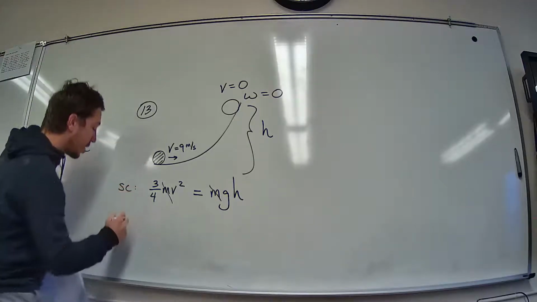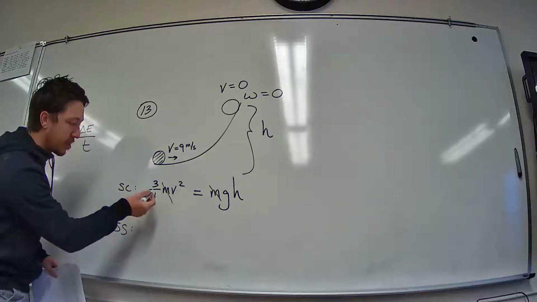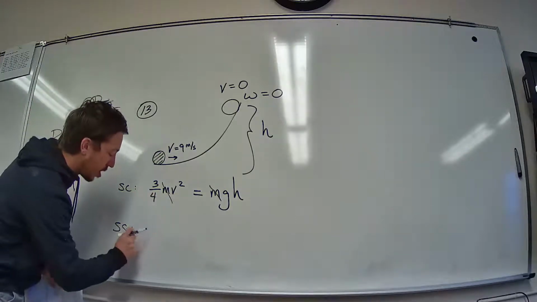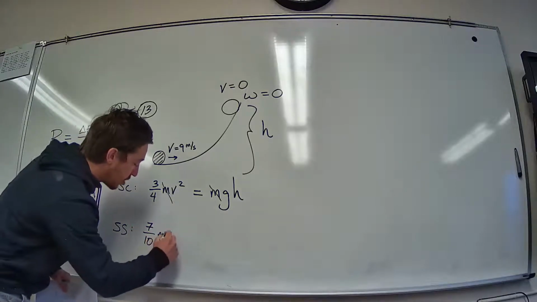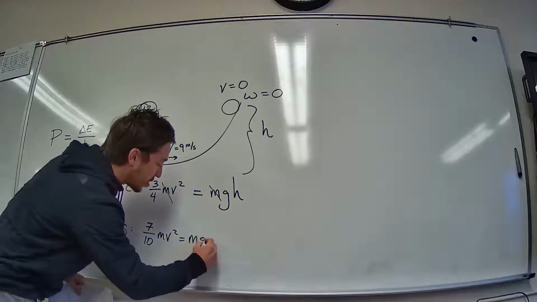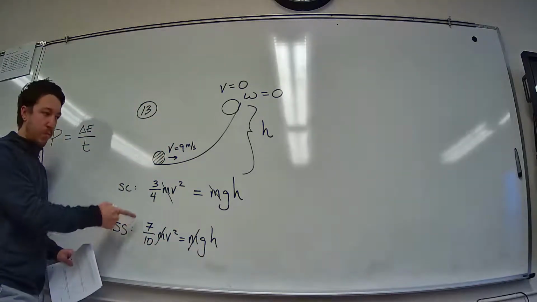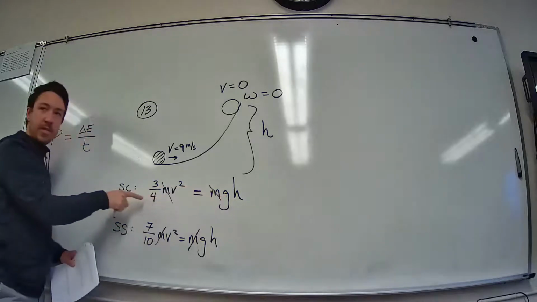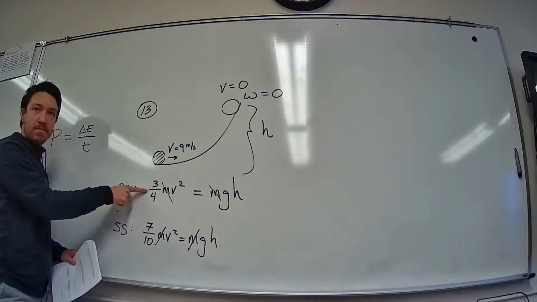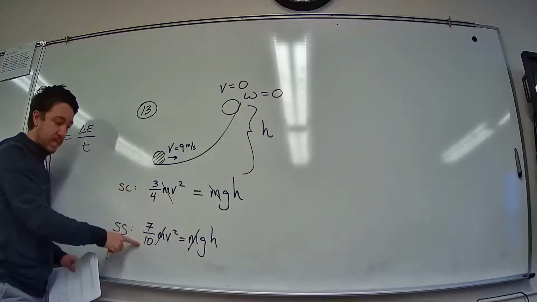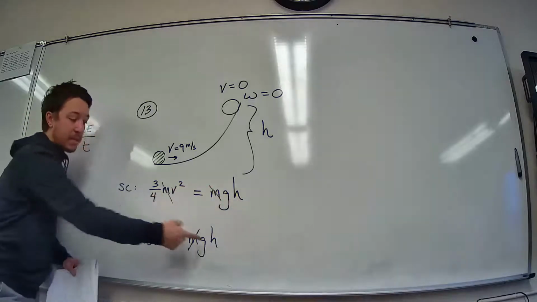Suppose it were a solid sphere, for argument's sake; you would have had 7/10. It would be the same calculation. But which of these would give you a bigger answer? 3/4 is bigger than 7/10, so this H value would be bigger than this H value.